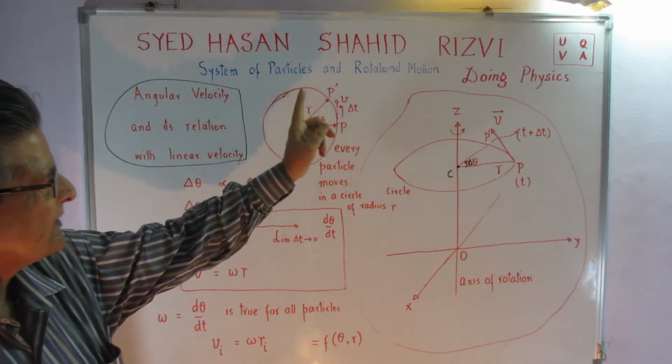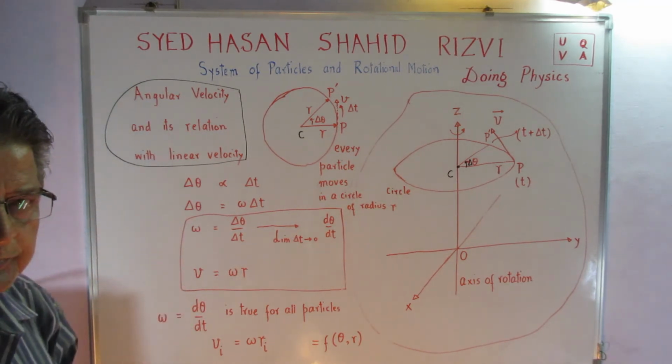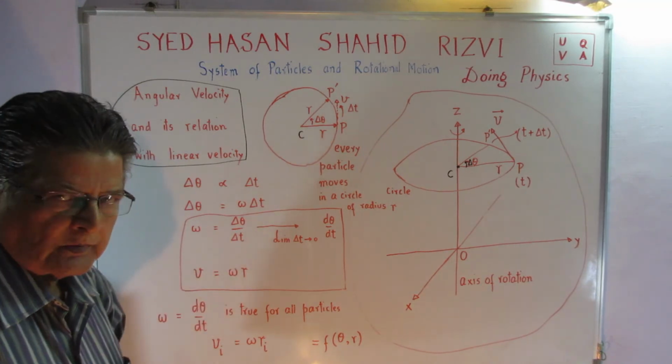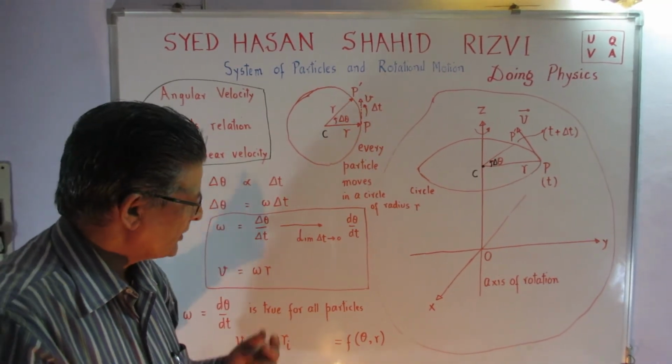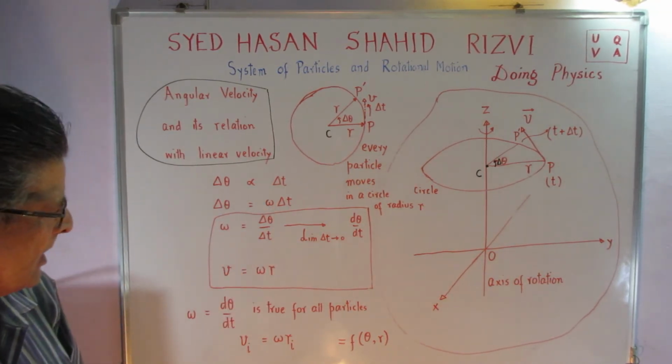We also found in circular motion that the instantaneous velocity of the particle P at this instant is equal to omega into r, where r is the radius of the circle in which it is traversing.